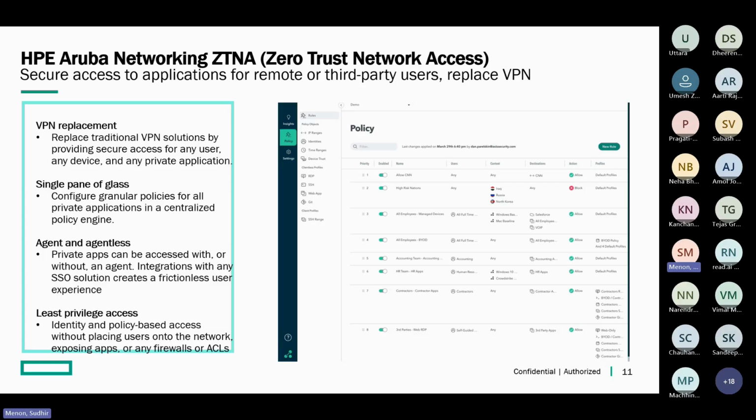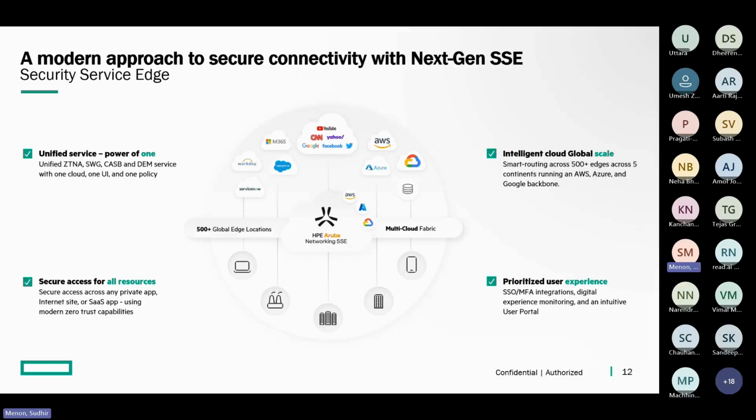So that's more about why ZTNA has been important, why ZTNA is gaining ground. As I mentioned, many of those technologies in SSE like CASB can be overshadowed with a ZTNA solution itself. Many of the use cases, in fact, can be addressed with ZTNA itself.